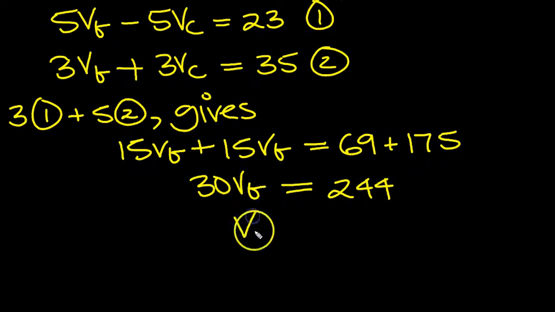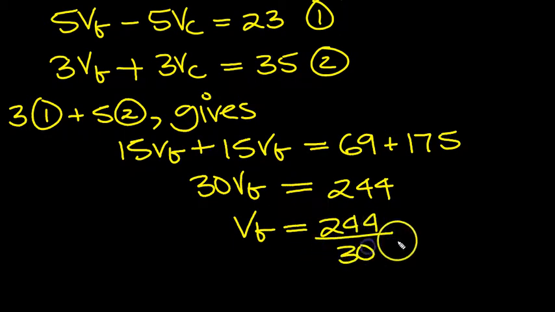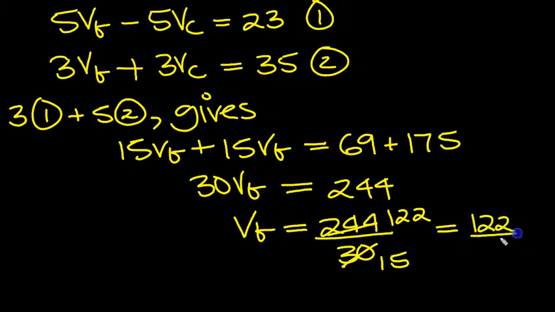So now VB is equal to 244 over 30. And you can divide by 2, that's for sure, so that's 122 over 15, which is 8 and 2/15.